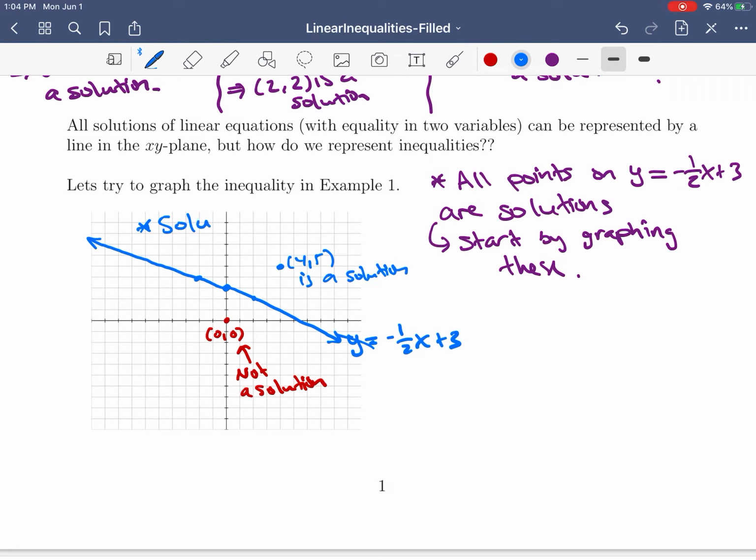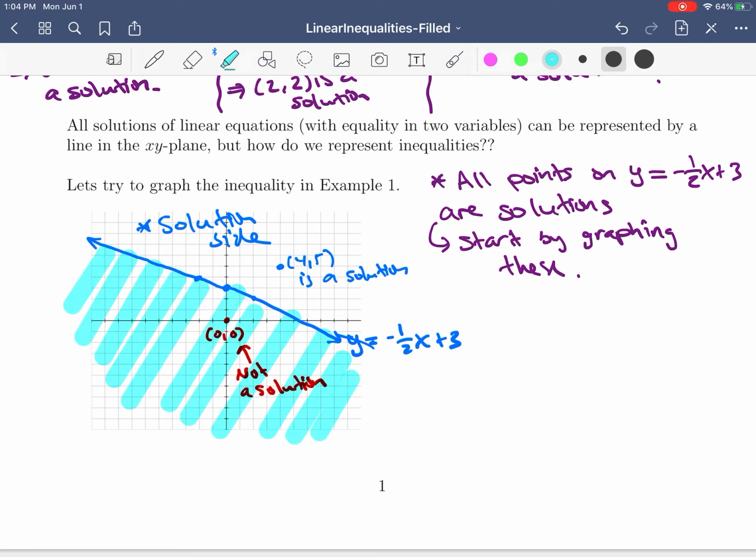Like I said, this is the solution side. So what we do is we get rid of everything that's not a solution. So we would want to shade all of this side because it is not a solution. So everything that's not shaded is the solution. Okay, so that's the idea.